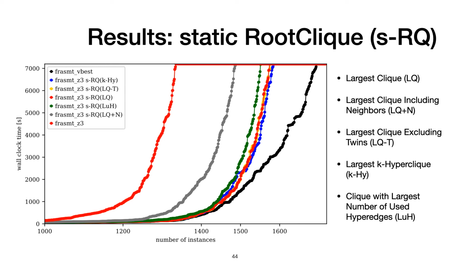The next variants, so LUH, largest clique with number of used hyperedges, LQ, so largest clique, and largest clique excluding the twins, are very close together, and the best configuration there then is the K-hyperclique variant, which solves the most instances, a little more than 1,550 instances. And the virtual best configuration solves about 1,700 instances.